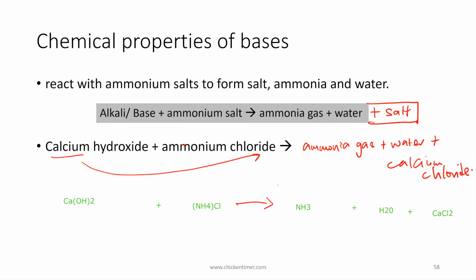Okay, is it balanced? If you have a 4 here, that means you must have 4 nitrogen. NH4Cl means there's only 1 nitrogen here. Because of that, I don't have to check the rest, and I know it's not correct because the number of nitrogens is unequal.